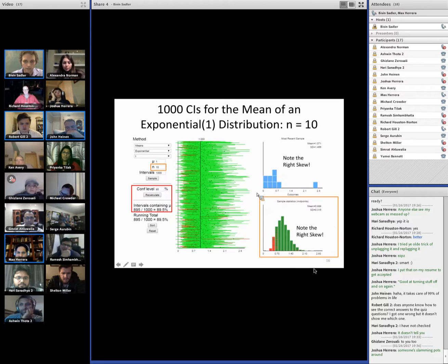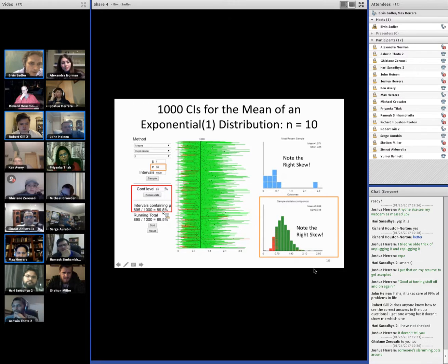So let's see what happens now when I look at my sample size. You can see that down here too: intervals containing mu, 89.5%. This is the point. I formed 95% confidence intervals, but my intervals only contained mu 89% of the time. That's a problem.